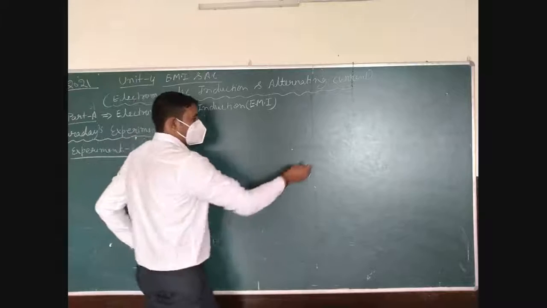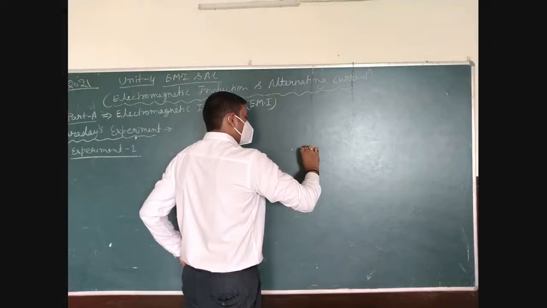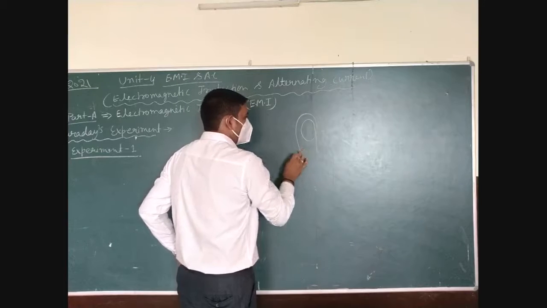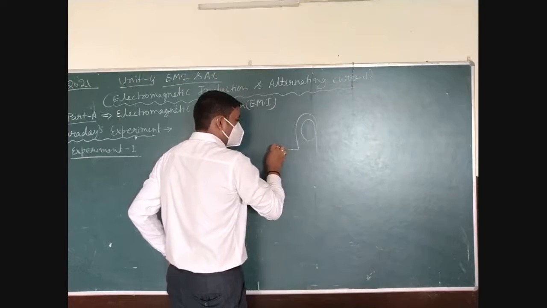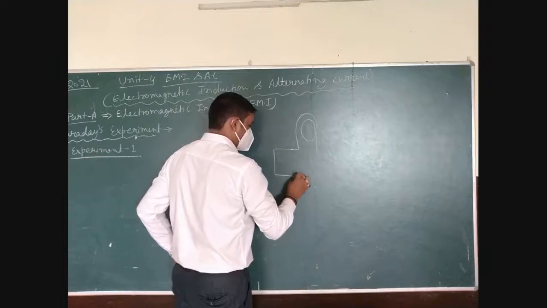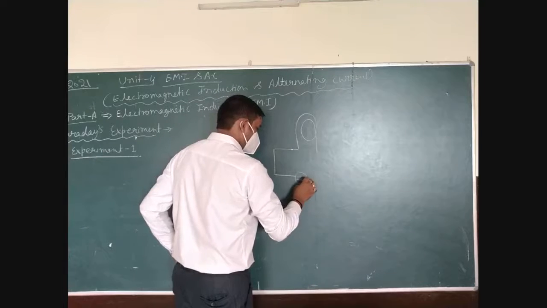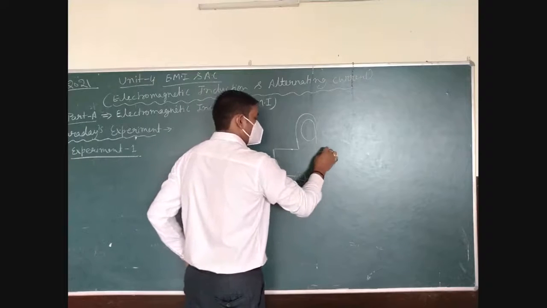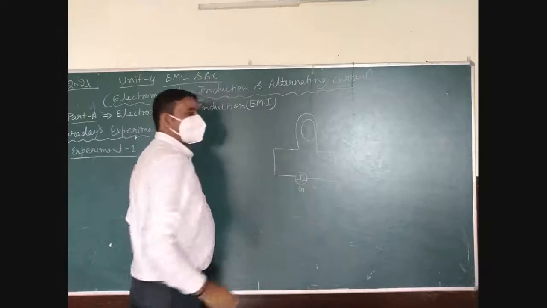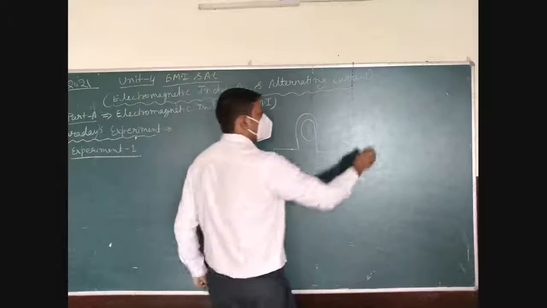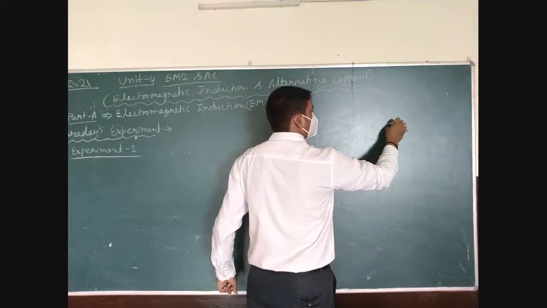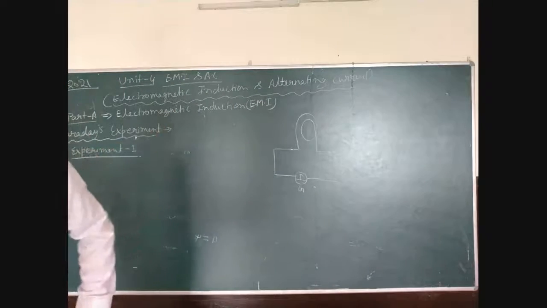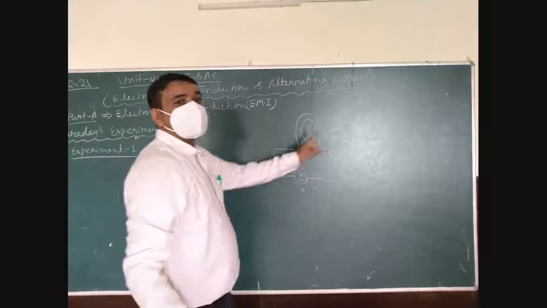In his first experiment, a coil containing a galvanometer is kept near a magnet with the north pole facing towards the coil. Okay, now let us understand some facts about this.